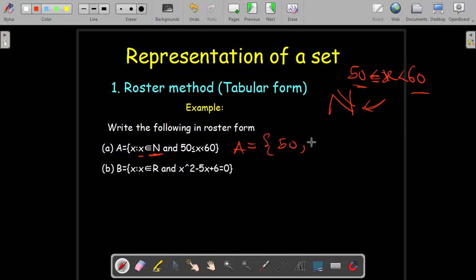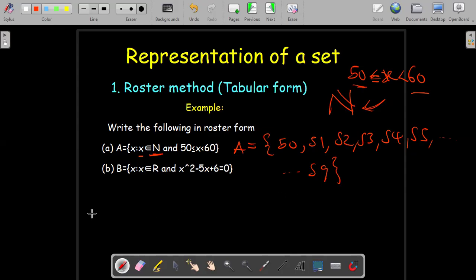Then we have 51, 52, 53, 54, 55, 56. You can continue listing all the way up to 59, because 60 is not part of it, as there's a strictly less than symbol there. So this is how we could list this set.